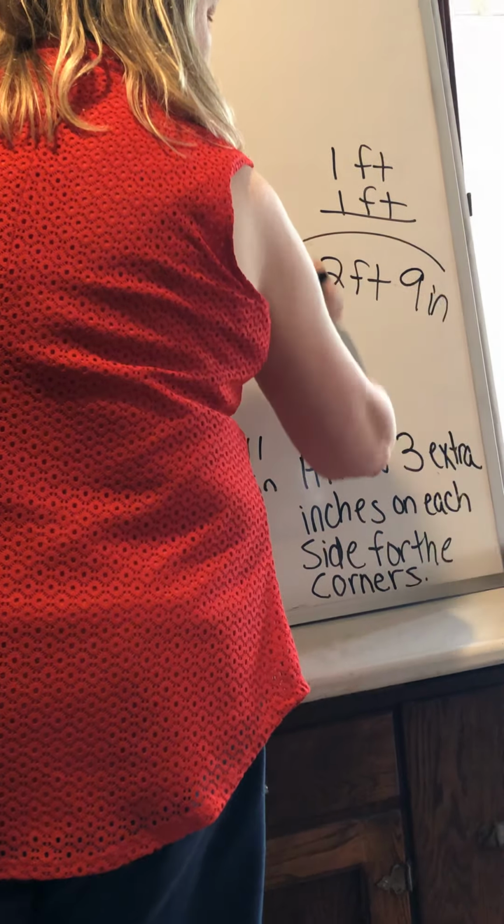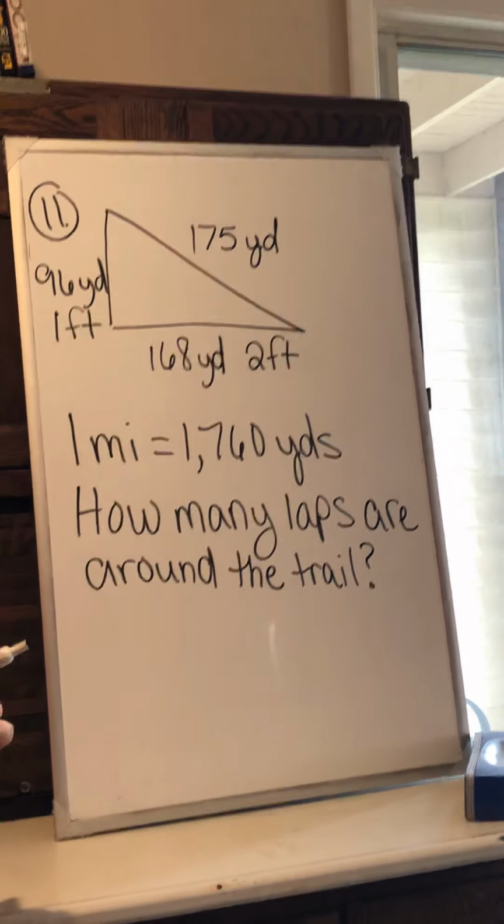Lastly, we've got question number 11, and then I'm going to do a question number 12 too, because it's a little bit more difficult. Question number 11 says there's a jogging trail here, okay, and it doesn't have a figure. I went ahead and I drew the figure for the jogging track. It says that one side is going to be 168 yards and 2 feet.